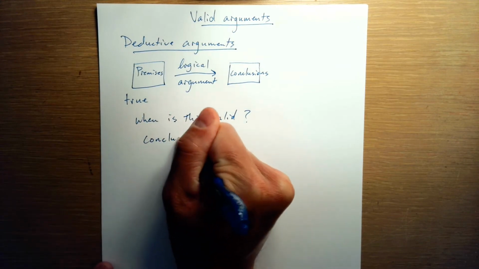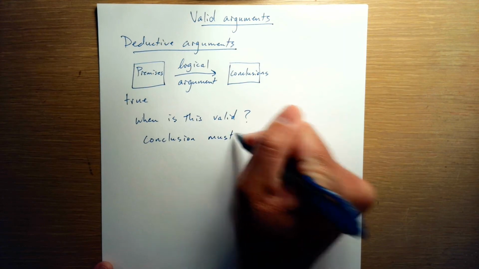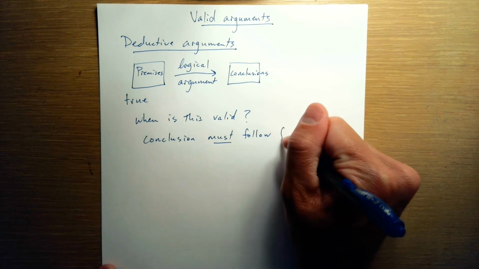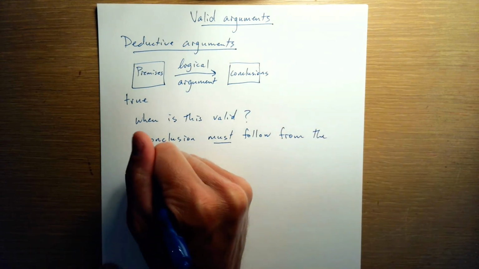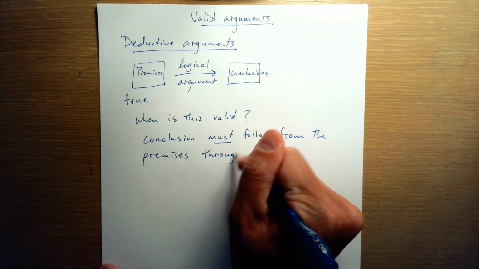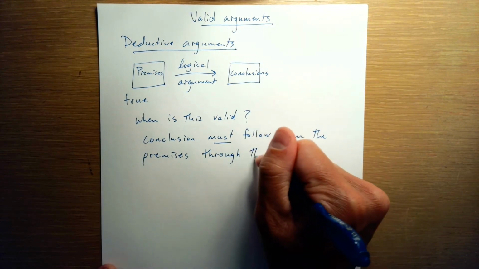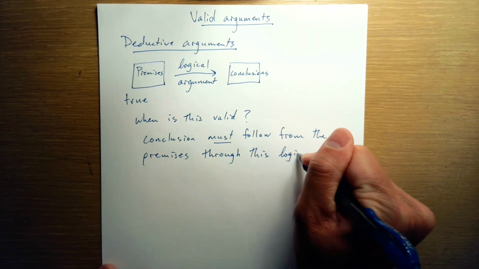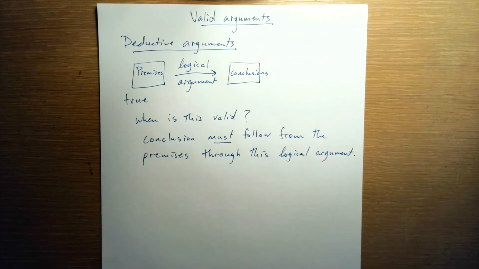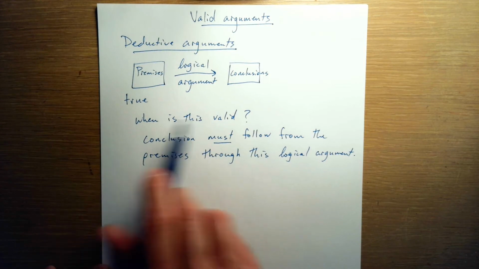So, in other words, we can say the conclusion must follow, and that's kind of the key word, must follow from the premises, but it's through this logical argument. So it's some part logic and some part art, because the argument has to be constructed, and that's left to the person constructing it. So this is when an argument's valid.